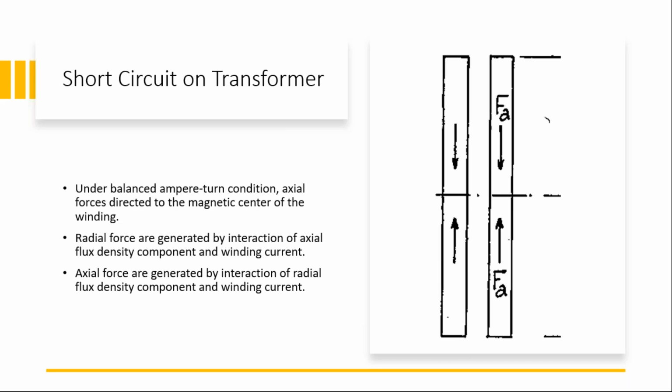So the clamping system is normally designed for the highest short circuit force, and if the short circuit forces are very high, in that case, the design has to be reviewed so that the clamping forces are higher than the actual short circuit force the transformer will see in its lifetime, so that the clamping system will protect in the event a short circuit happens on the transformer.